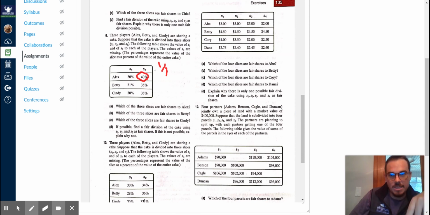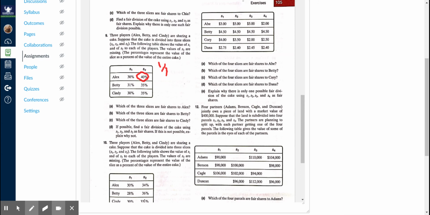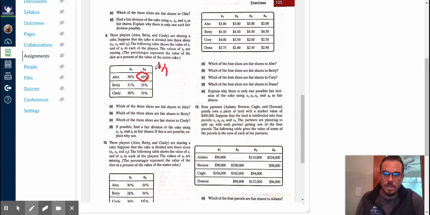So again, Betty's S1 is 31. That doesn't count. Betty's S2 is 35, but 31 plus 35 is 66. And so 100 minus 66 is 34. So her S3 would be 34. And then the last one would be 35. Yeah, 35.